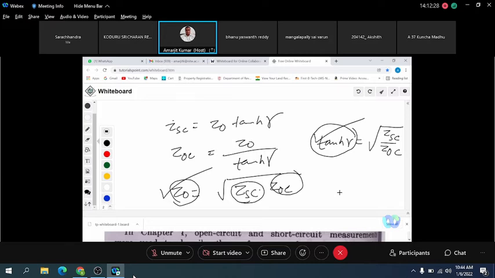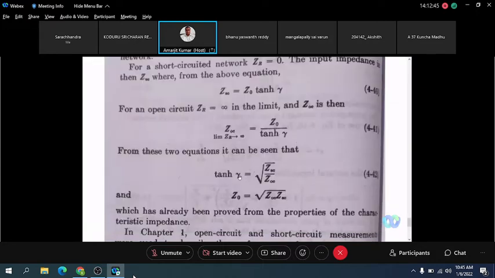Is it okay or not? So gamma will be tan hyperbolic inverse under root ZSC upon ZOC, and Z0 is equal to root ZSC into ZOC. This we have done.